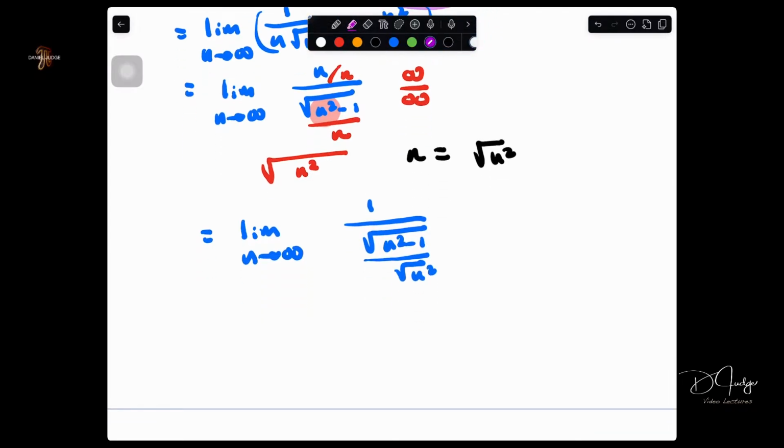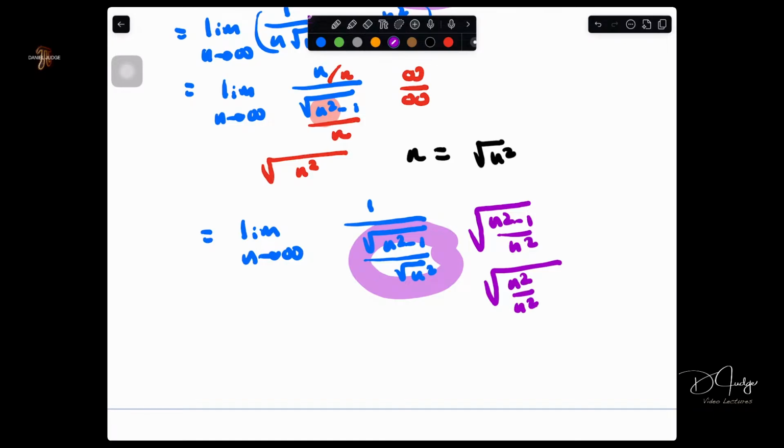So when we start to use the algebra in the denominator now, that's the square root of n squared minus 1 over n squared by properties of radicals, which gives us n squared over n squared minus 1 over n squared. In the denominator, I got 1 over, well, the square root of 1 minus 1 over n squared is what I have.